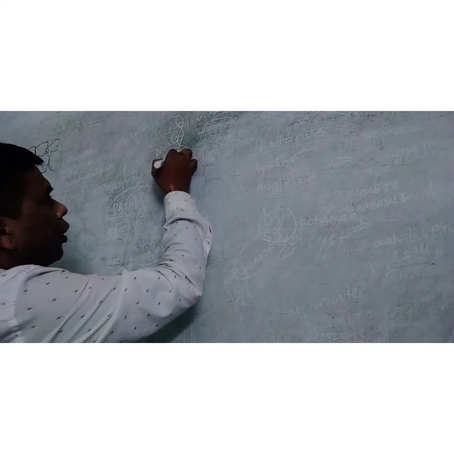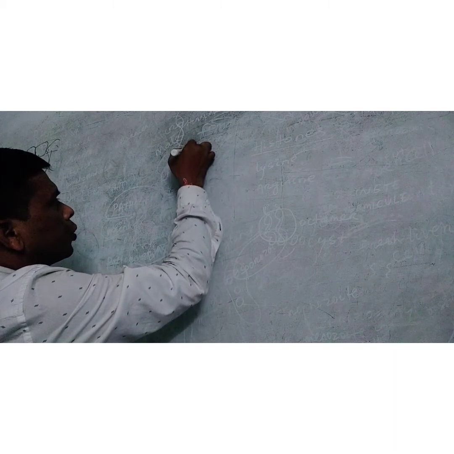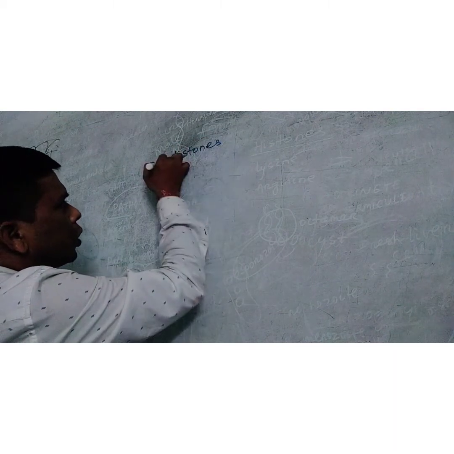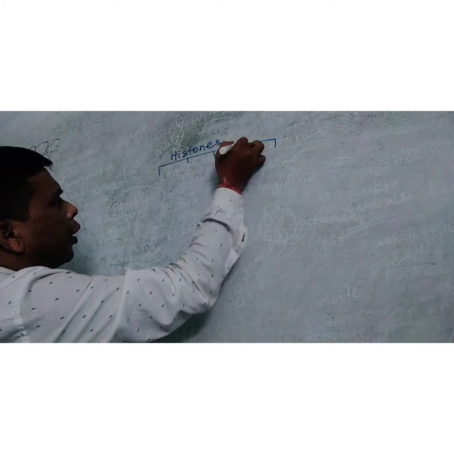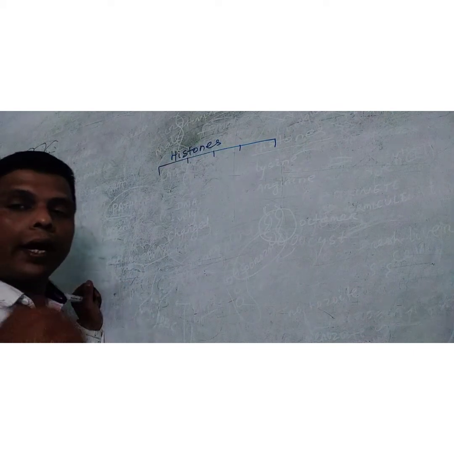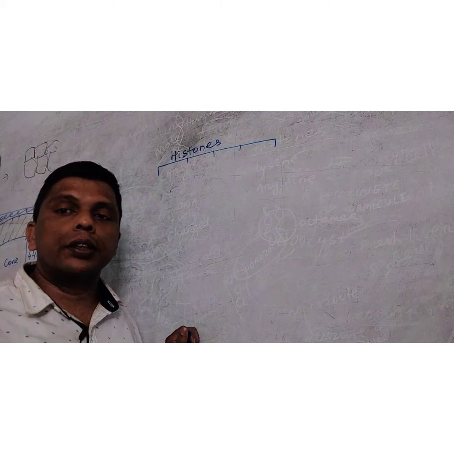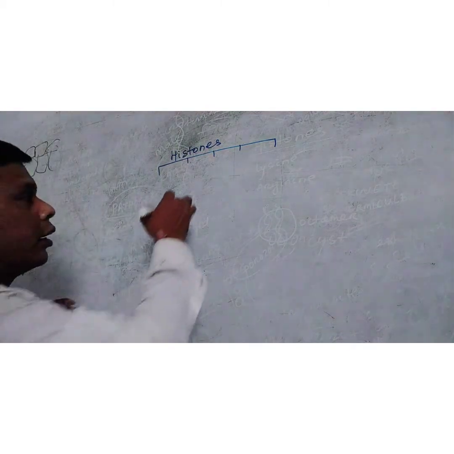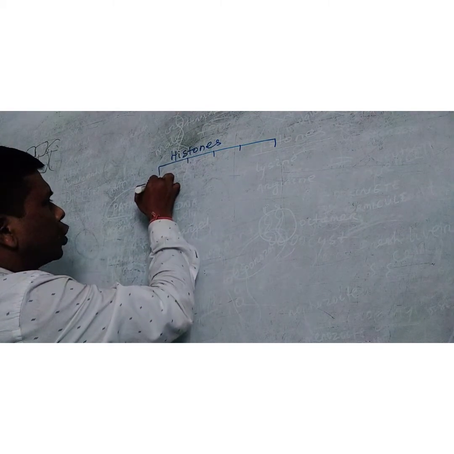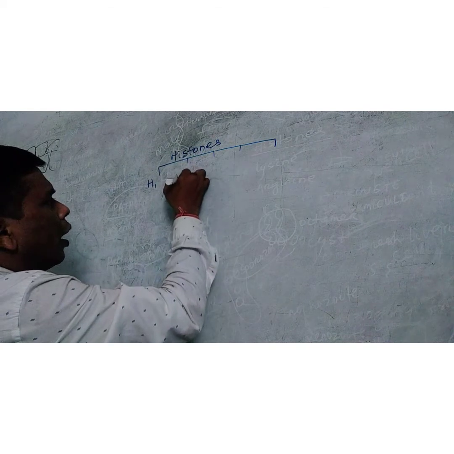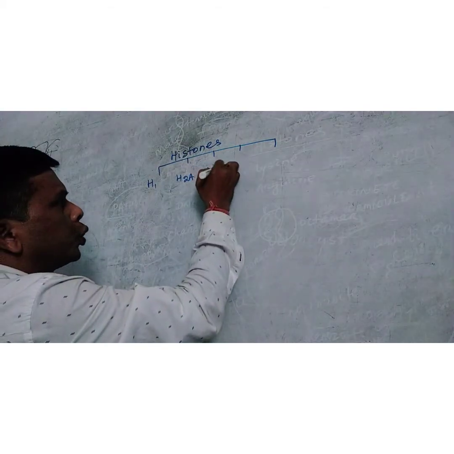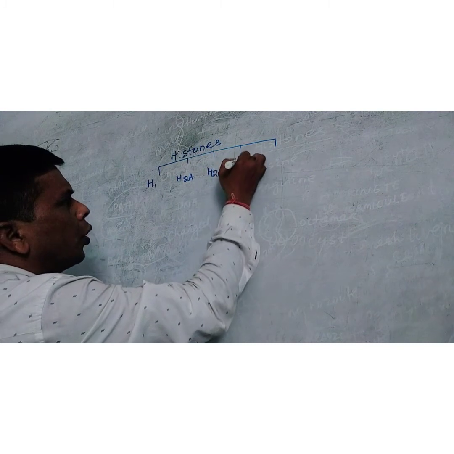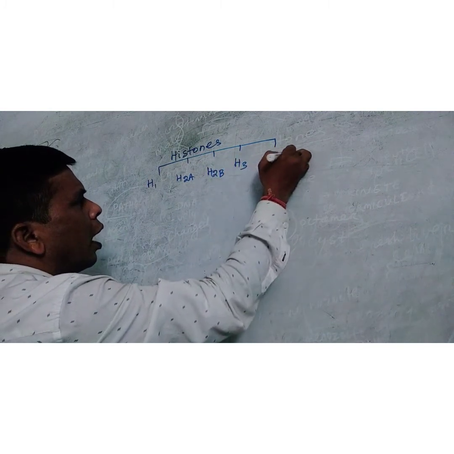The histone consists of five different types. What are the different types of histones? We have the linker histone H1, H2A, H2B, H3 and H4.